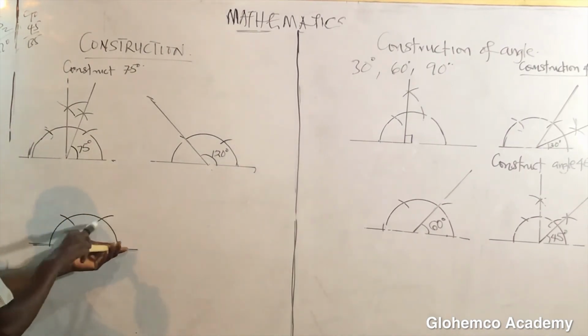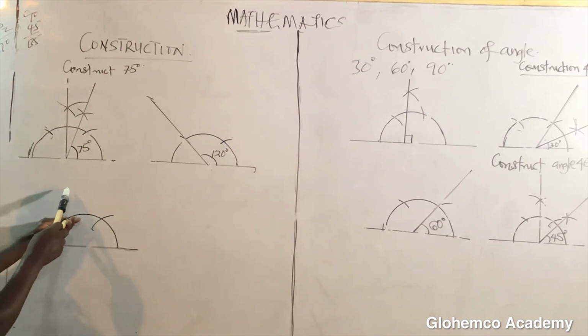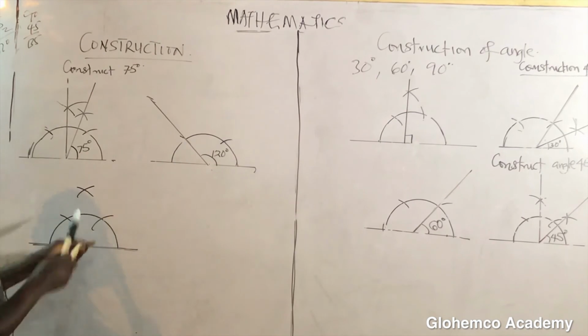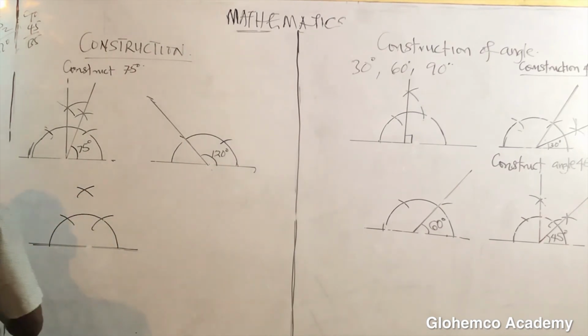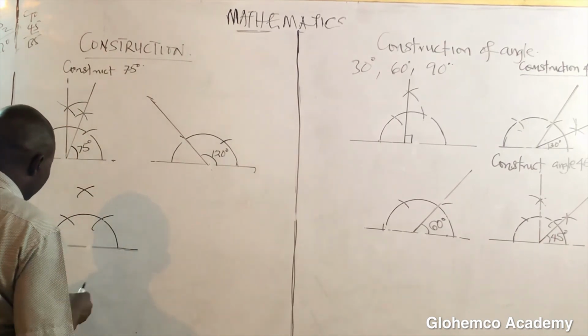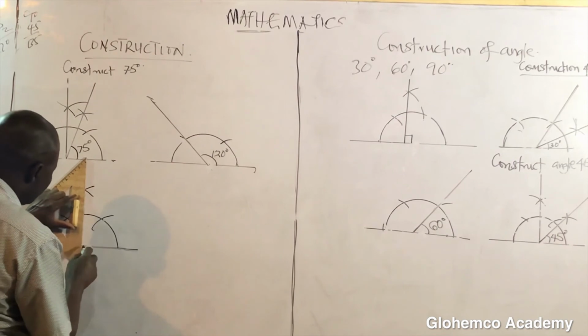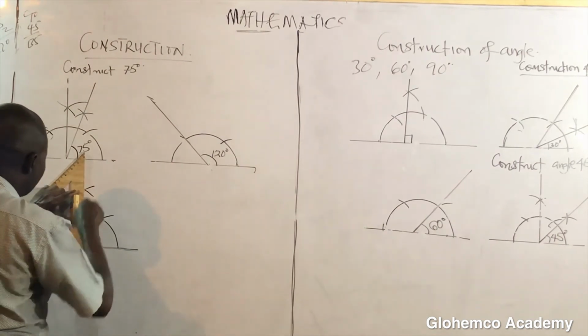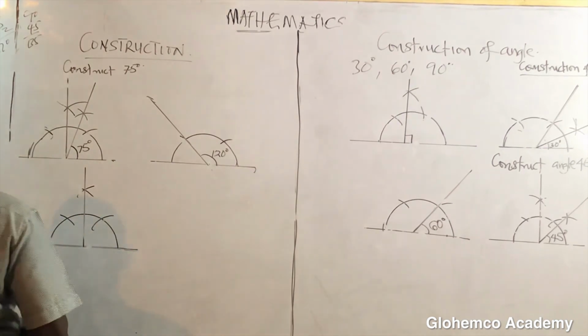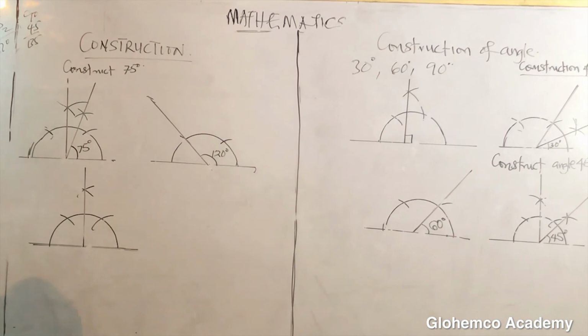This is 60. Then from here we have an arc. From here you have an arc, and this gives us angle 90 degree first. We have 90. When we have 90, we have to bisect 90.